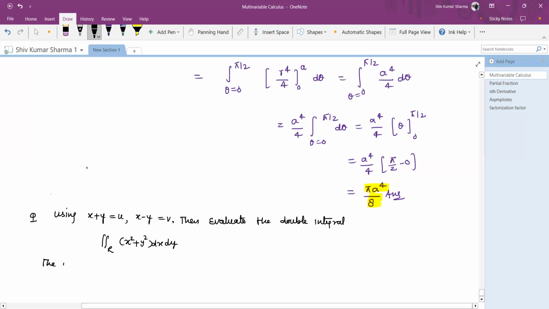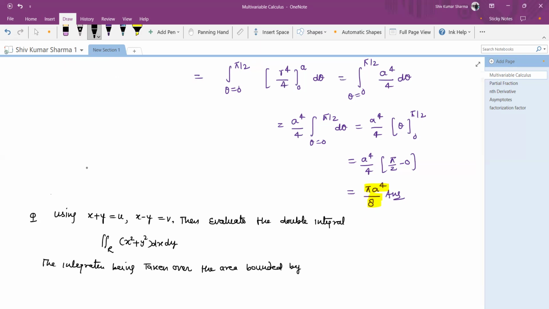The integration being taken over the area bounded by the lines x plus y is equal to 2, x plus y is equal to 0, x minus y is equal to 2, x minus y is equal to 0.